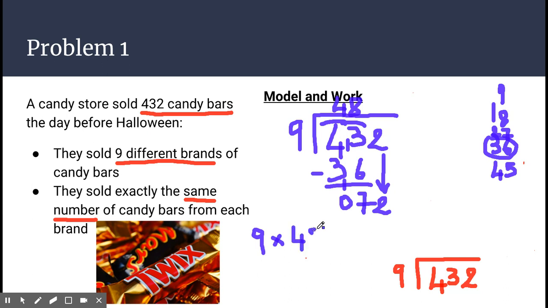So I would need to do 9 times 48 and see if that equals my original number. I'm going to go a little faster here. And if I set that up, the answer is yes. That will give you 432. So I check my answer and we're good. Okay. All right, let's try a second one.